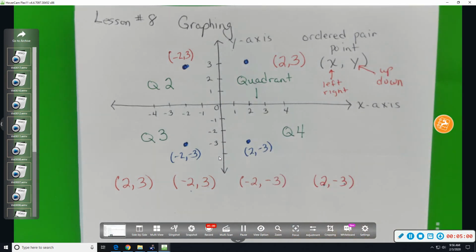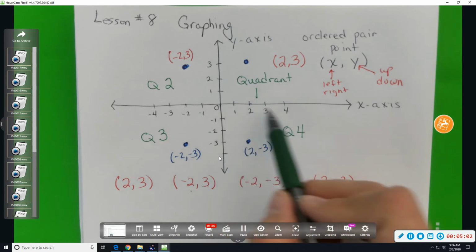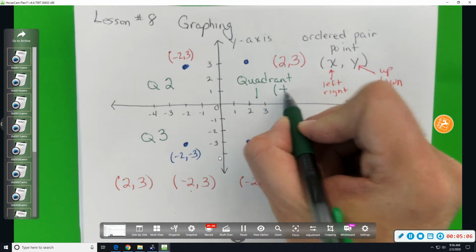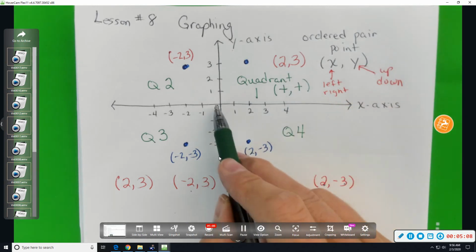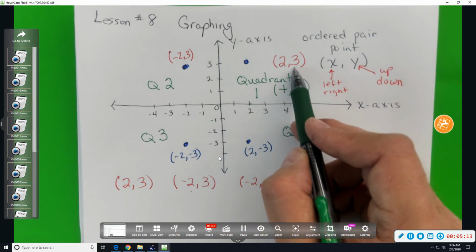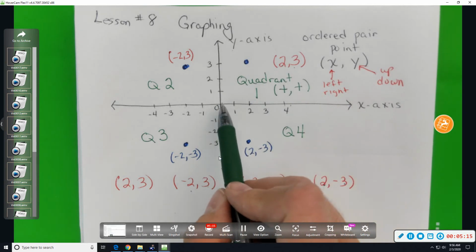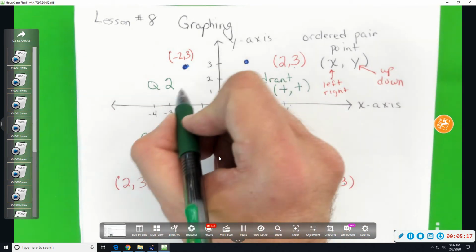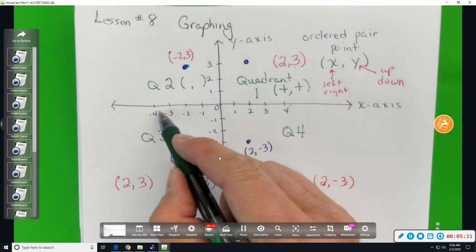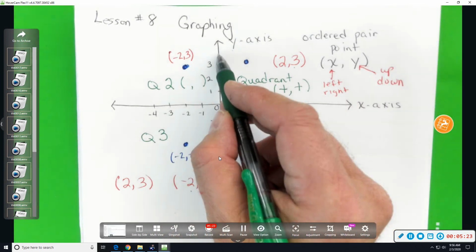In quadrant 1, the ordered pairs are always of this form, plus, plus. Positive x's, positive y's. In quadrant 2, what are the ordered pairs like? It would be negative x's, positive y's.